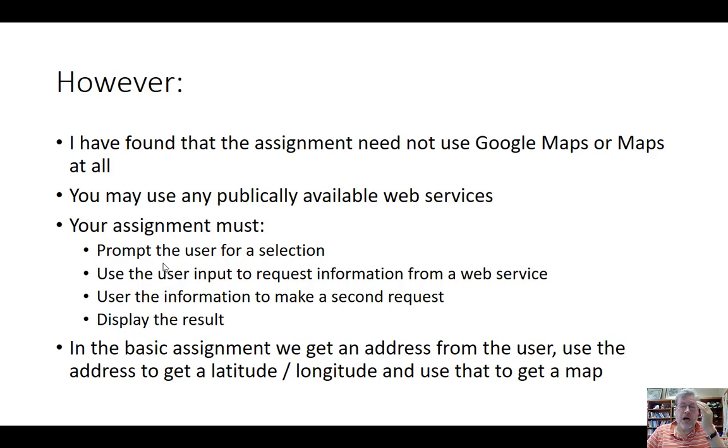It's pretty flexible. If you find a library set up, you could prompt the user for a book title or an author, and then you could use that to get a Dewey Decimal Number, and then you could use that Dewey Decimal Number to look up an abstract of the book, something like that.